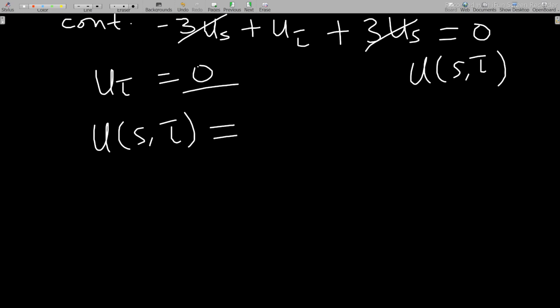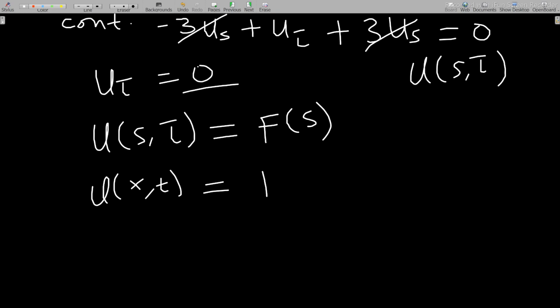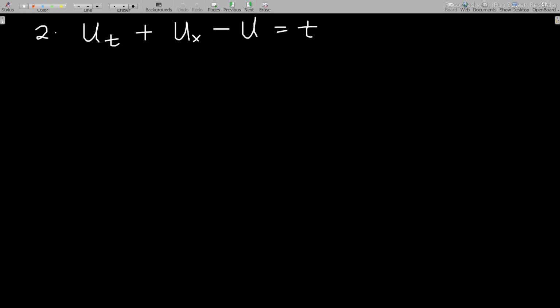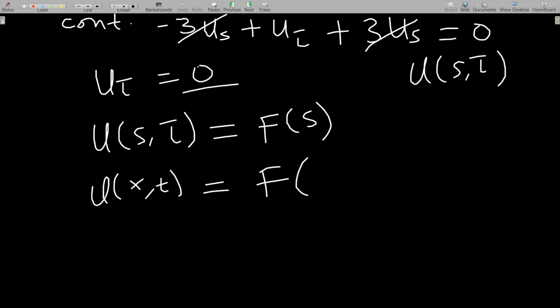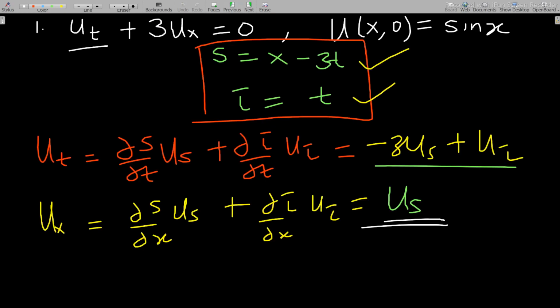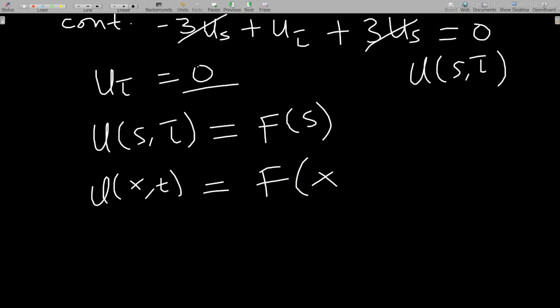But a constant is actually in terms of what, s is an arbitrary function, so it becomes f of s, and u of x, t should be equal to f of x minus 3t, because our s is simply x minus 3t.